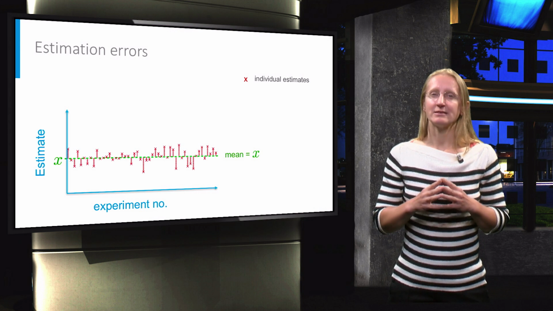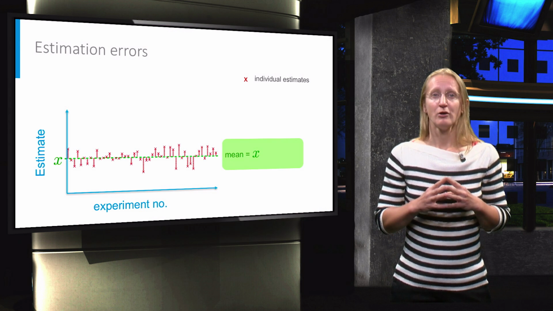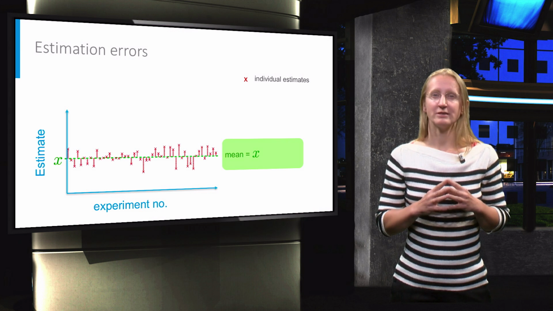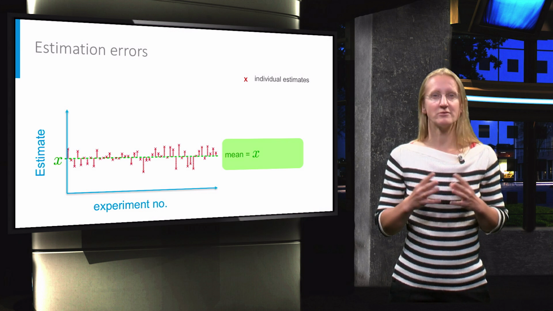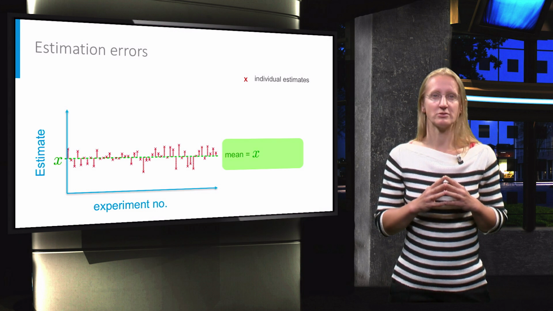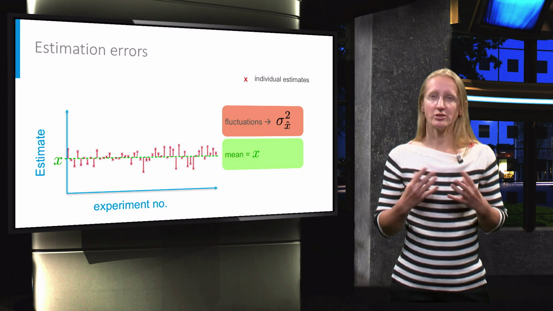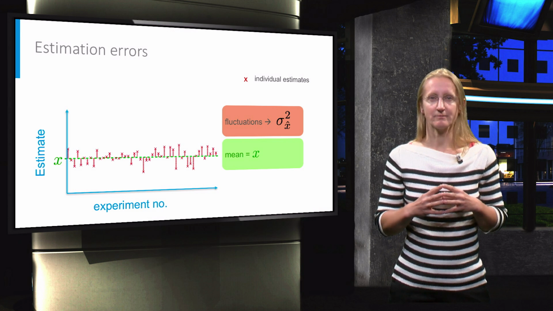Indeed, we can see that the mean of x hat equals x, which corresponds to our unbiasedness property. Furthermore, these results show that the dispersion or variance of the random errors translates to a variance of the estimation results. This variance of x hat can now be determined such that we know the precision of x hat.